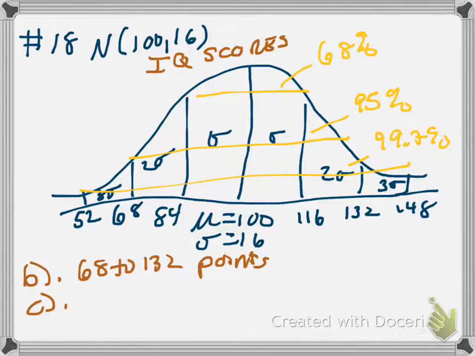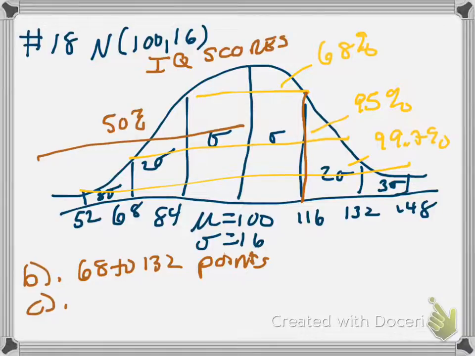C. What percent of the people should have an IQ score above 116? Well, do you see that that's right here and above? Okay, so how do I get there? Well, to the spine, that's 50. Now, we know that one standard deviation is 68%, but if I'm only going to go half, see how it's an additional 1%?